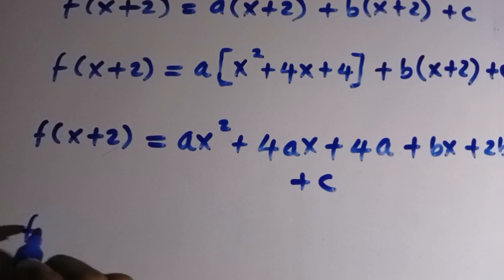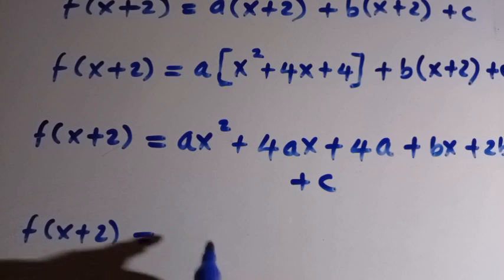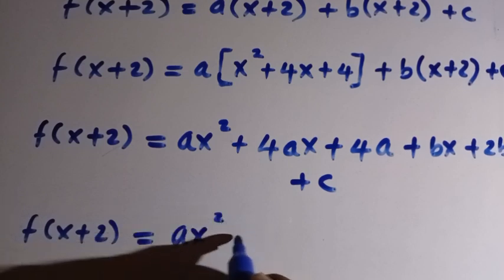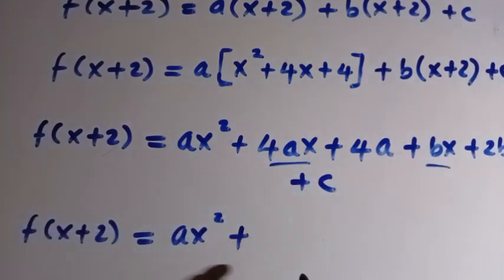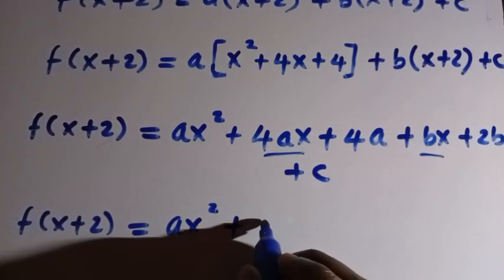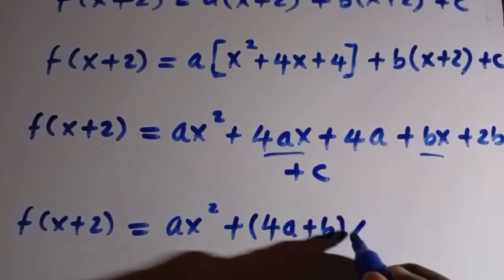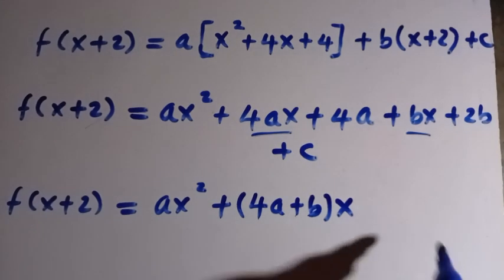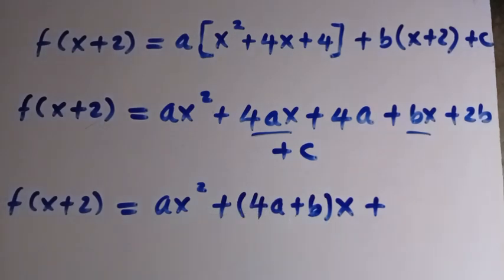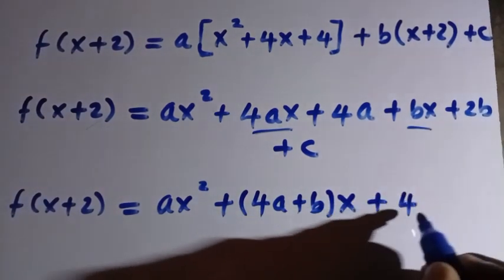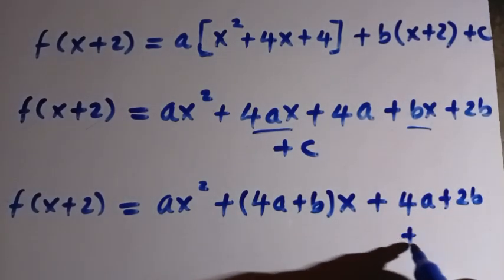Then in the next step, we have f of x plus 2 equals ax squared plus, and we want to combine those with x. So this having x, this having x, and we combine this together, we have 4a plus b, then multiplied by x. So plus also those without x, we have 4a, we have 2b, and we have c. We combine them together and it becomes 4a plus 2b plus c.